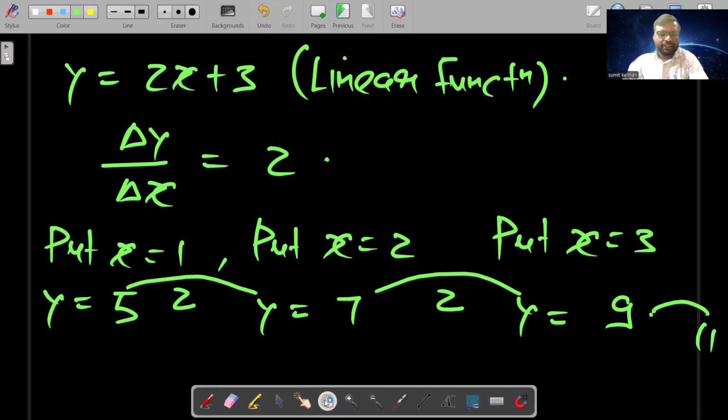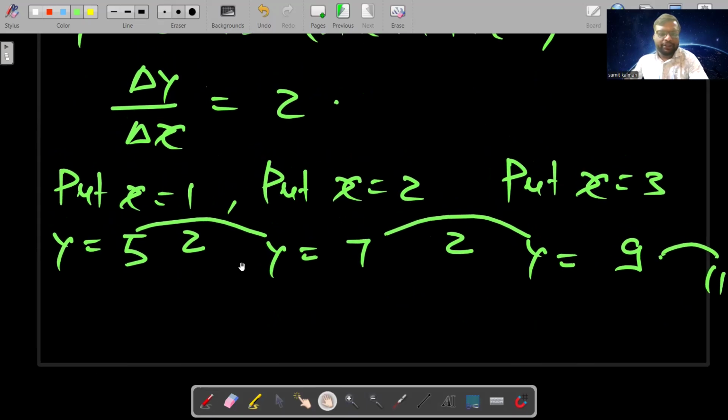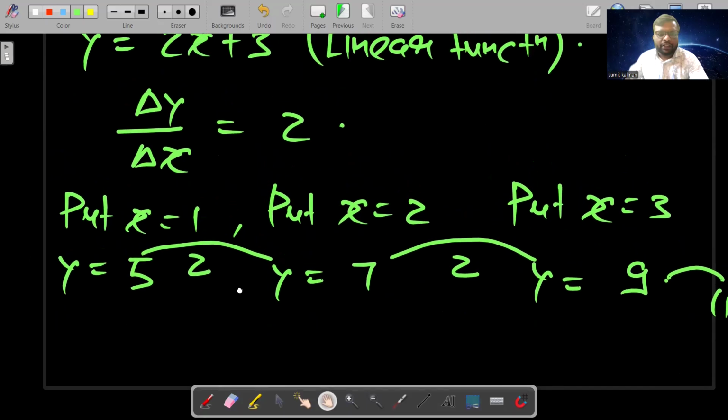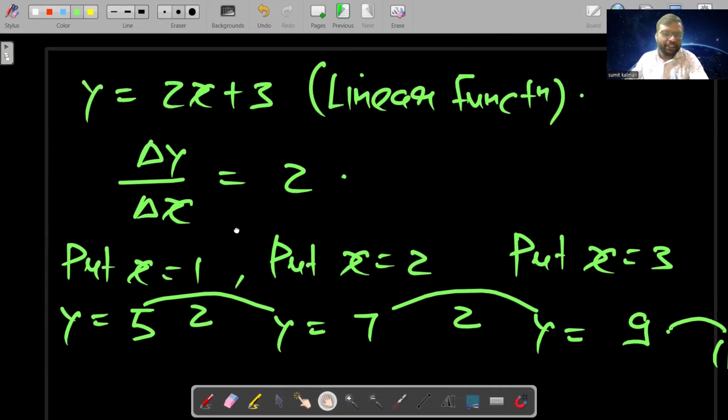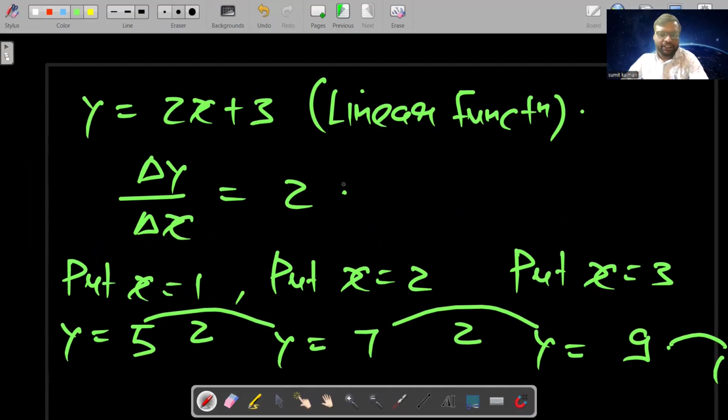So now students, your change in dependent variable is 2 with respect to change in independent variable. So that's why here I have written delta y upon delta x, that is change in dependent variable with respect to change in independent variable, and it is coming out to be 2. Here we are changing independent variable, x is equal to 1, 2, 3.